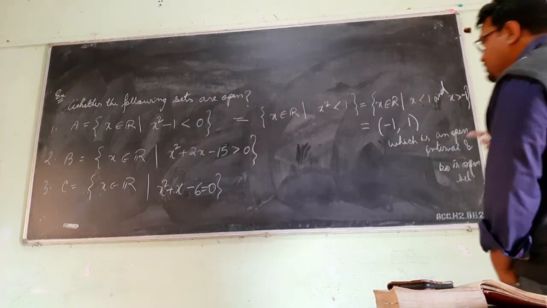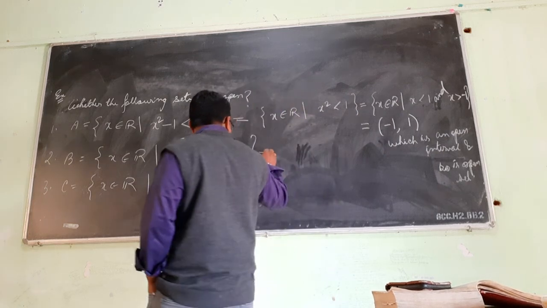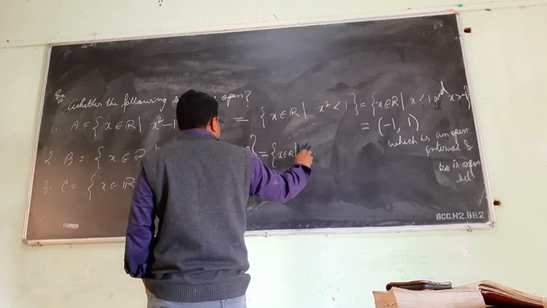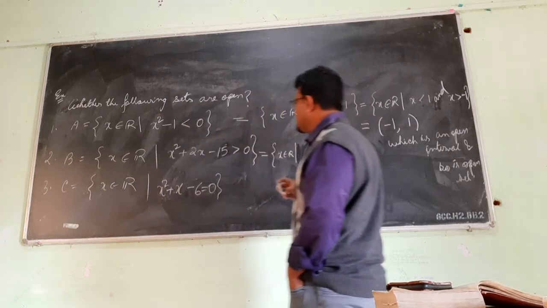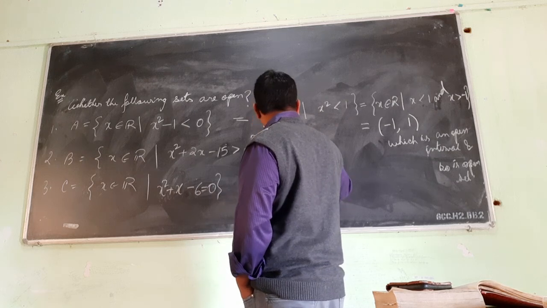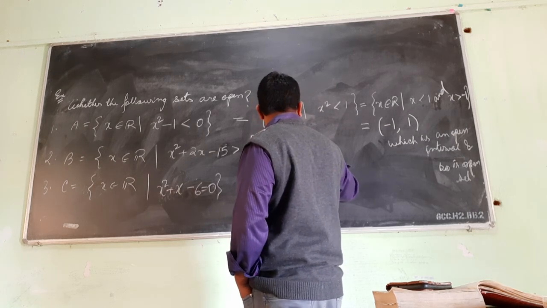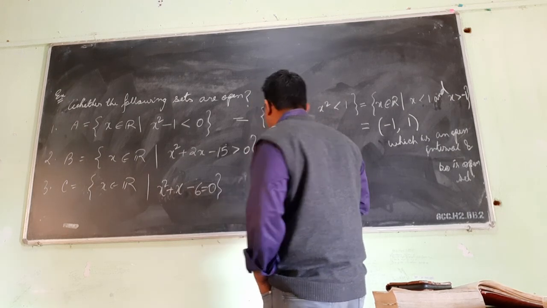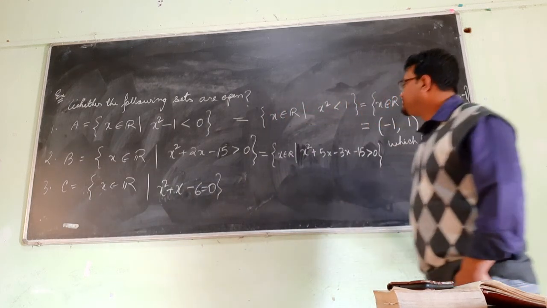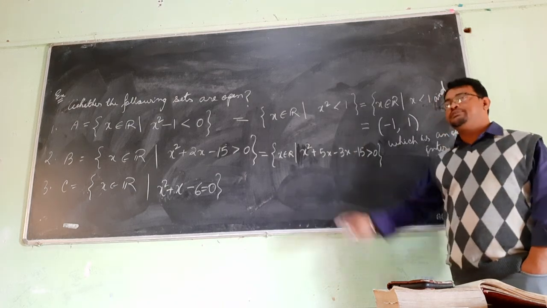So similarly, the next one is the set of all those x inside R which satisfy x squared plus 2x minus 15 is greater than 0. So simplify this. It is x squared plus 5x minus 3x, middle term factorization, minus 15, which is greater than 0.